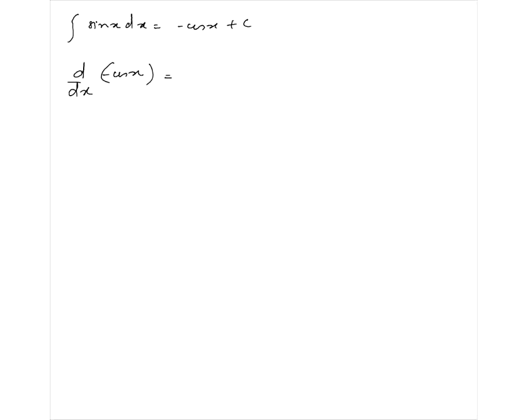Minus is a constant, minus 1, which is a constant, comes out, and d dx of cos x is minus sin x. So you have sin x. If differentiation of this is that, then integration of this would be this. Of course, some arbitrary constant can always come. Any questions? Let me know.